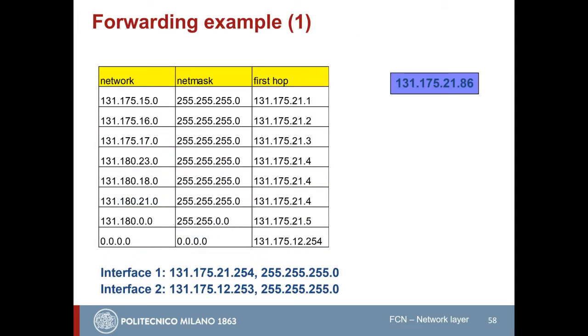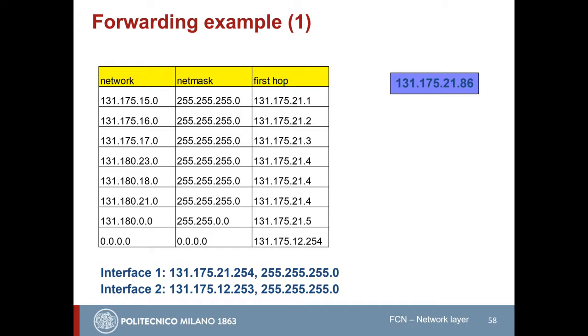So this example shows the forwarding process in a router in detail, and we are talking about possible direct forwarding if the destination address of the incoming packet is matching one of the interfaces.